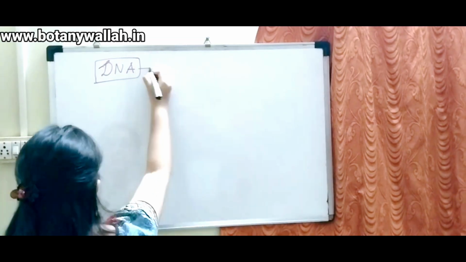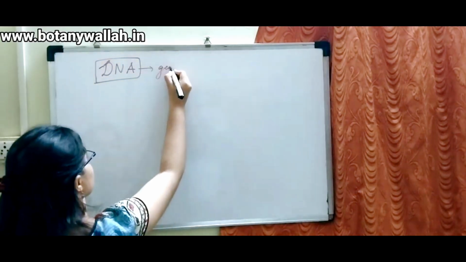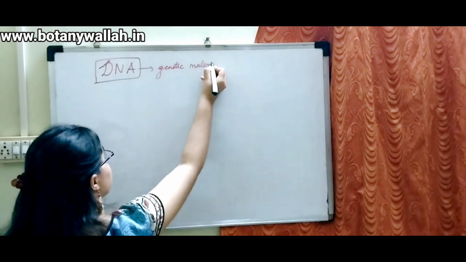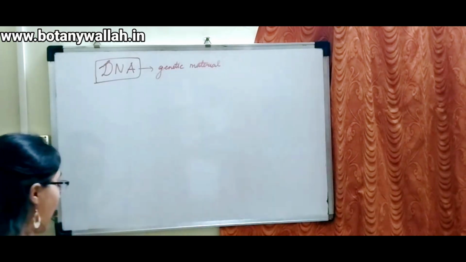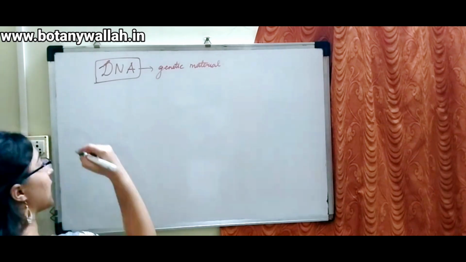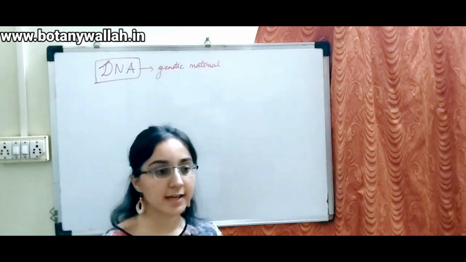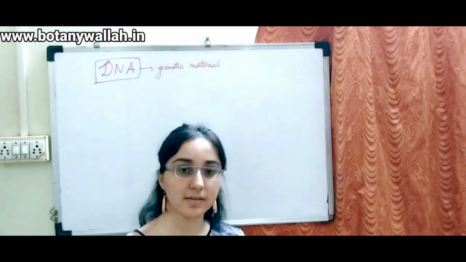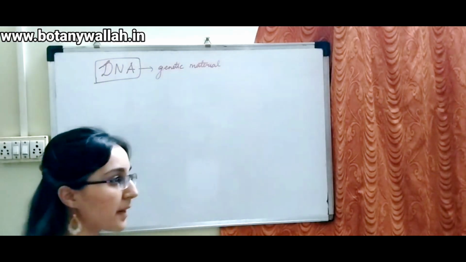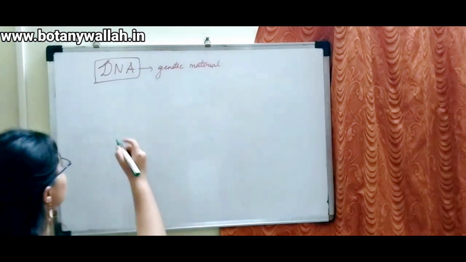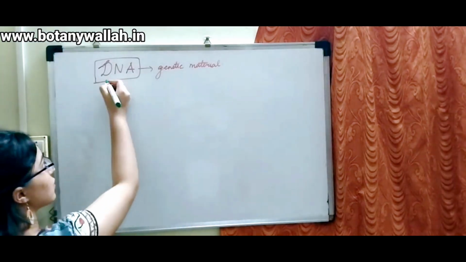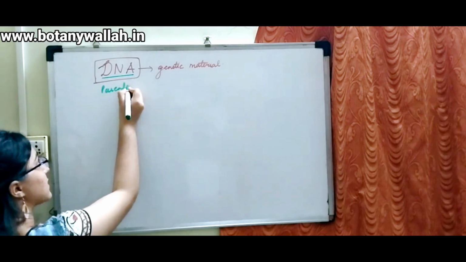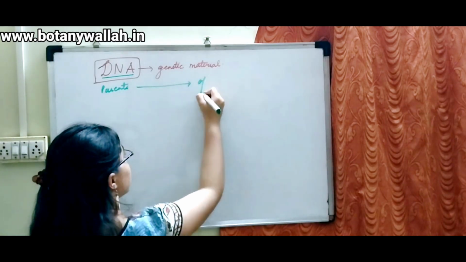So this is genetic material. And second thing, it is heritable, or you can say that the material which is inherited is DNA. And on DNA there are genes. I'm not going to go into much detail about it, but I just want to take this part as superficial.